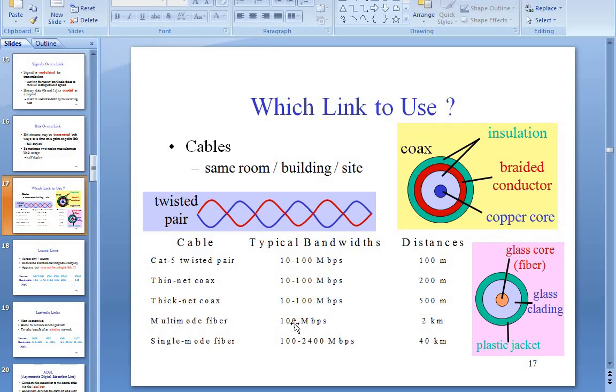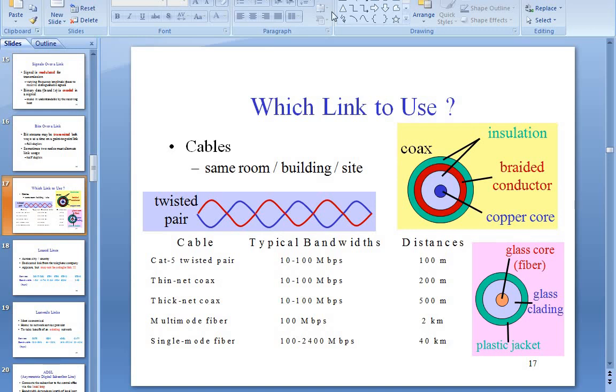Multi-mode fiber provides you 100 Mbps bandwidth, and the distance between the nodes may be up to 2 kilometers. So I think this is a typical link of a local area network. So we have a variety of choices in links.